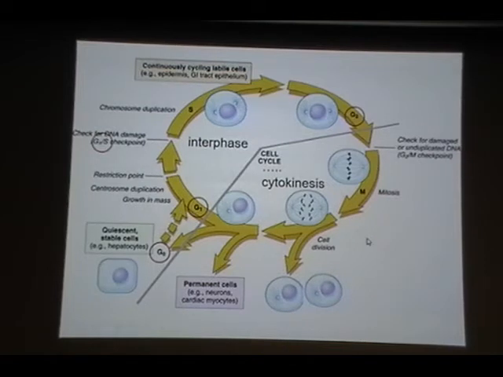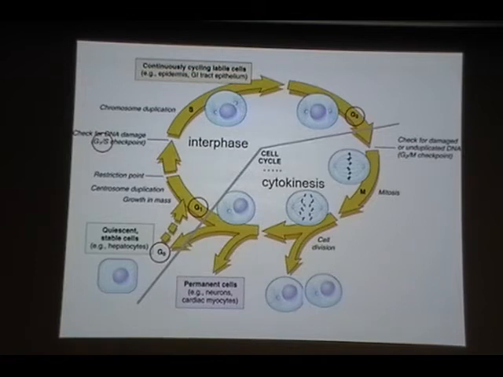When we're talking about the cell cycle, we start with the fact that there are different types of cells. One is permanently differentiated cells, called permanent cells, like neurons and cardiomyocytes. They no longer divide. They can regrow, for example if you cut a neuron, but they are not going to proliferate.